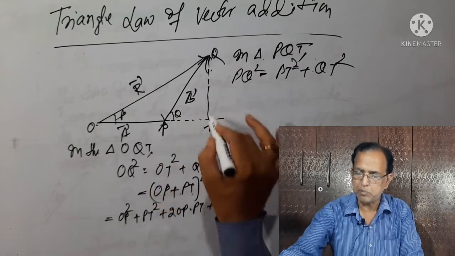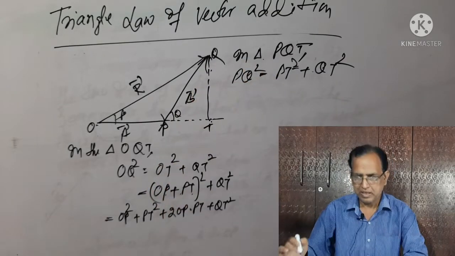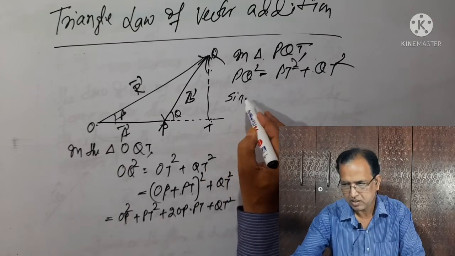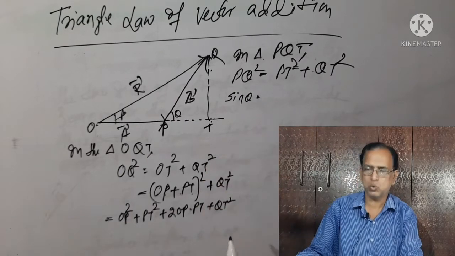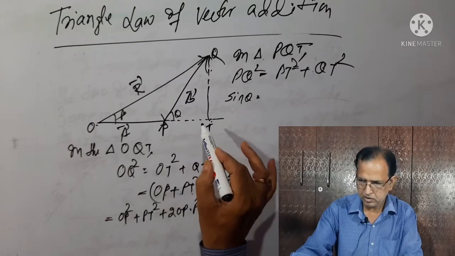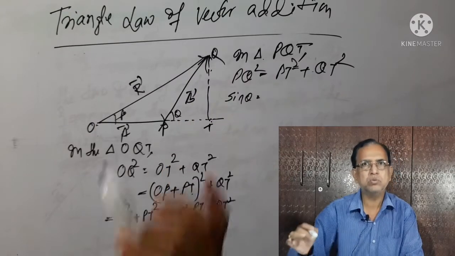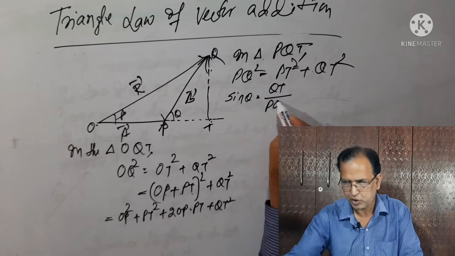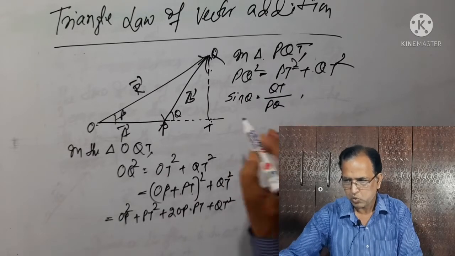PQ square is equal to PT square plus QT square. In this triangle, sin theta is equal to QT by PQ. So what is your QT?